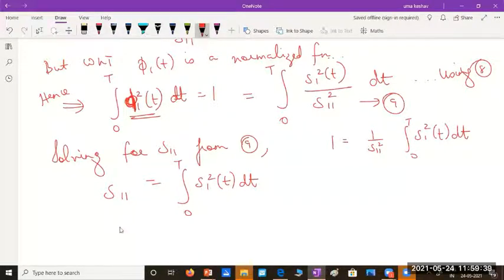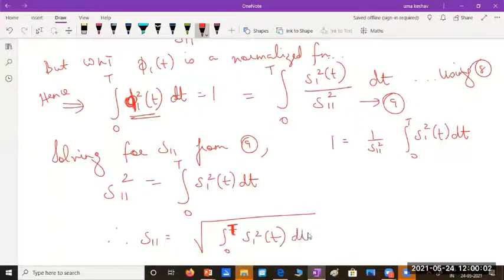So what would be the value of S11? S11 square would be this, correct? Therefore, S11 would be the root of the integral from 0 to T of S1 square t dt.